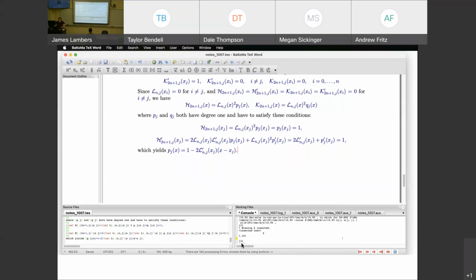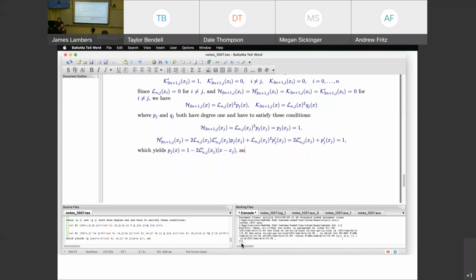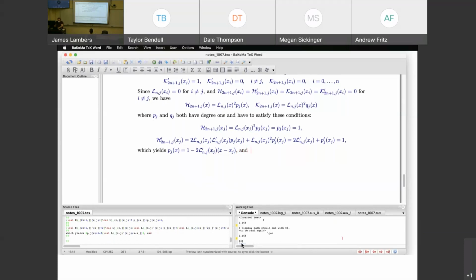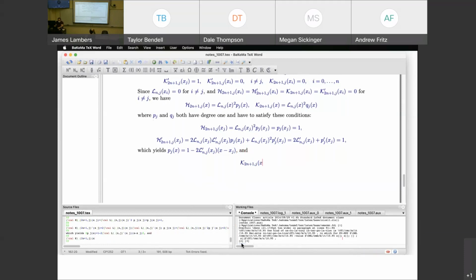But then you have similar conditions for the k case. So if I take k_j polynomial at x_j, and that's equal to the Lagrange polynomial squared at x_j times q_j of x_j. Now, this is going to be 1, so it's just q_j of x_j, but that has to be 0.